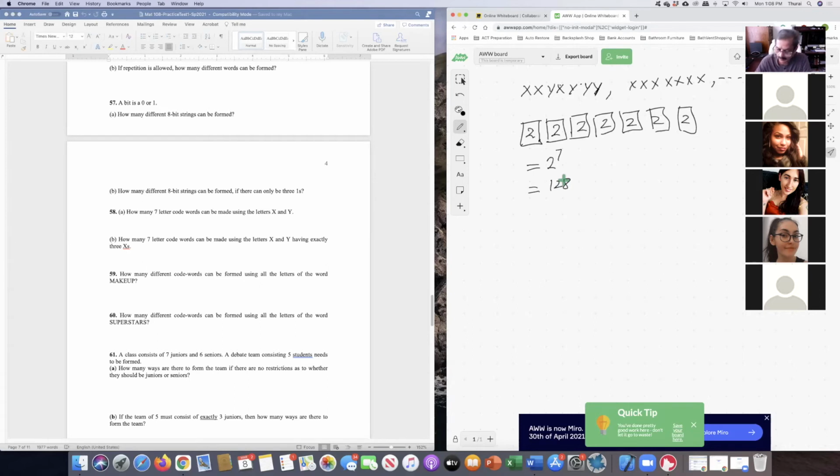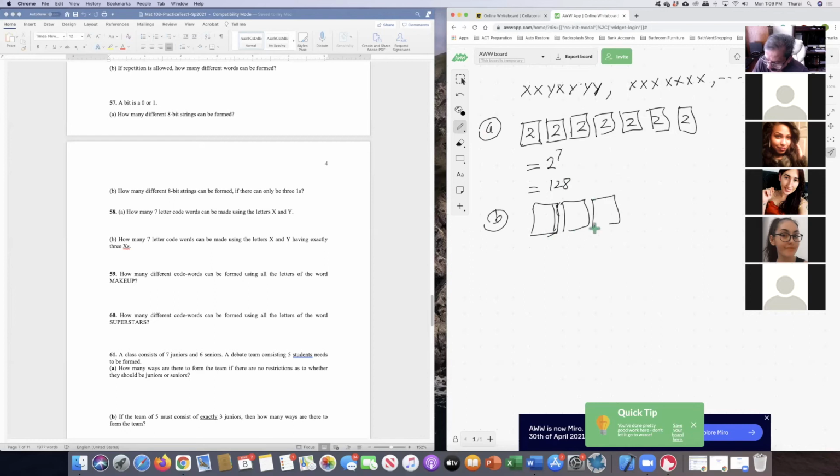Okay, and how would we solve for B? Part B, okay. So this is part A. Part B says how many 7-letter code words can be made using the letters X and Y, having exactly 3 X's. So 3 X's means this is not box method, but I'm going to use boxes to explain.